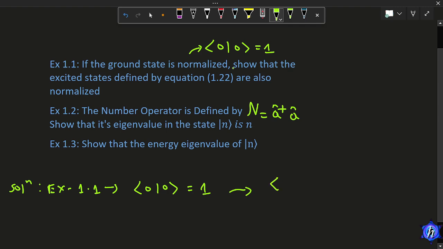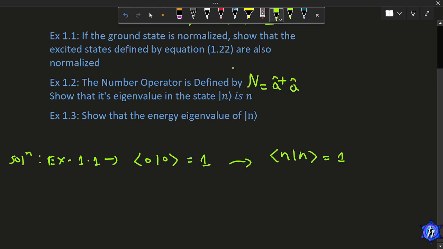We want to show that the nth state also remains normalized. We'll start with equation 1.22. Let's refresh your memories.